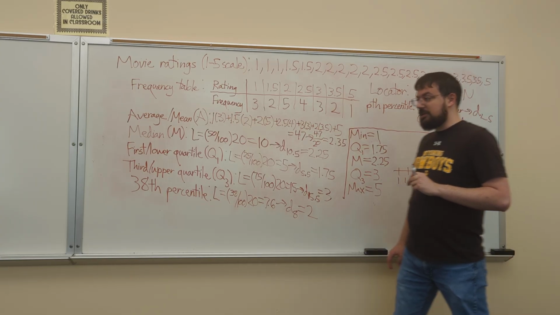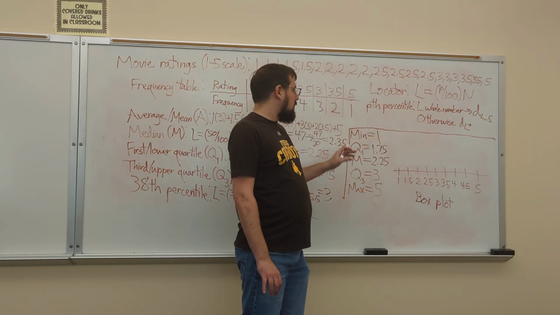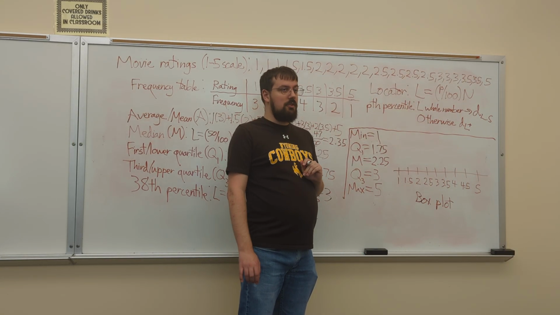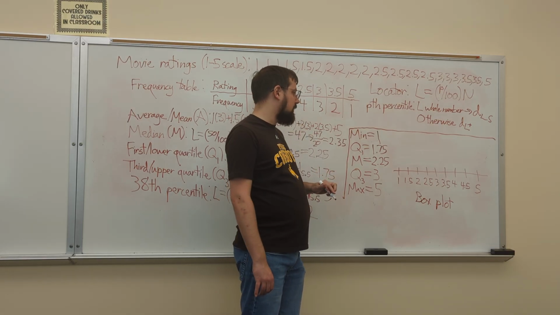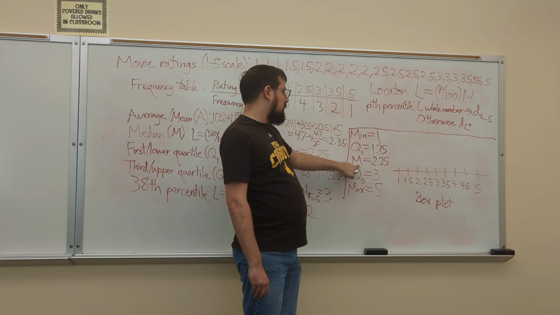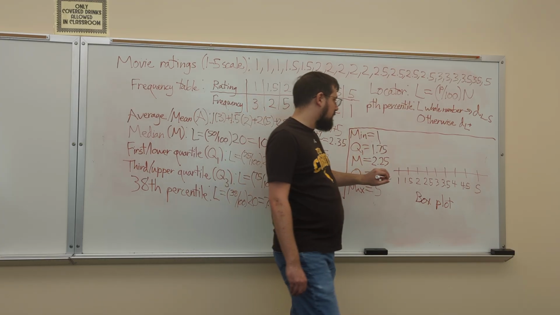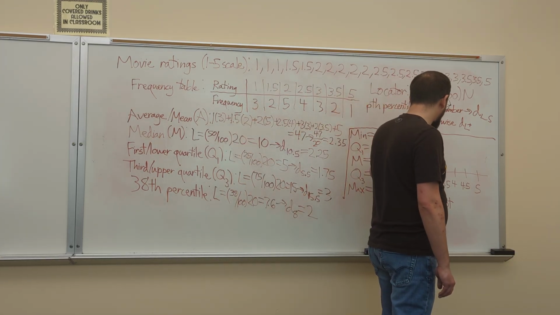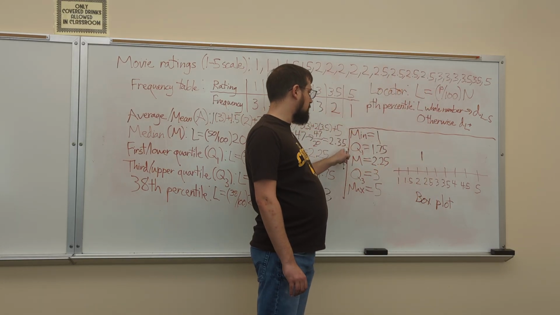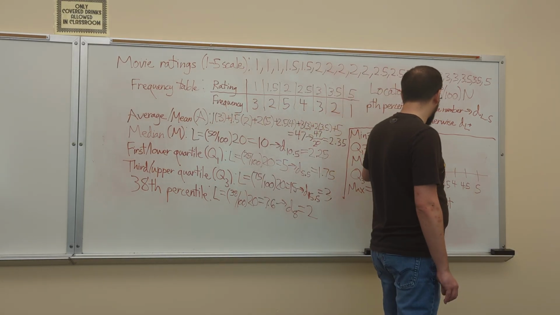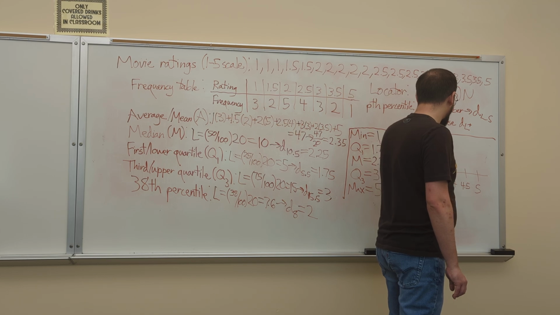Once we have our 5-number summary, we can make a graphical representation of this using what we call a box plot. So the way that we're going to draw a box plot is we have our median first, so 2.25. We're going to draw this little vertical line here for our median. And then we're going to do the same thing for our quartiles, 1.75 and 3.